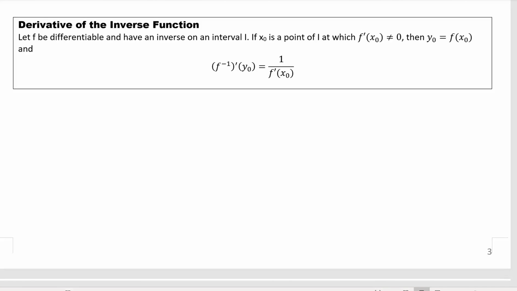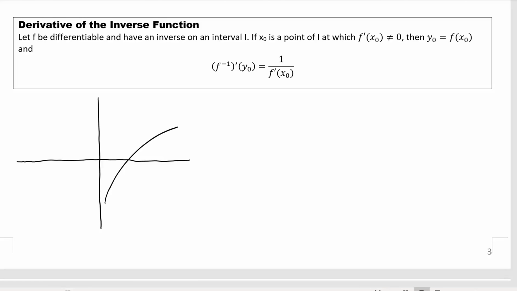What does that mean? Maybe it's good to draw a picture. Let me draw a straight line, and let's also draw a function.